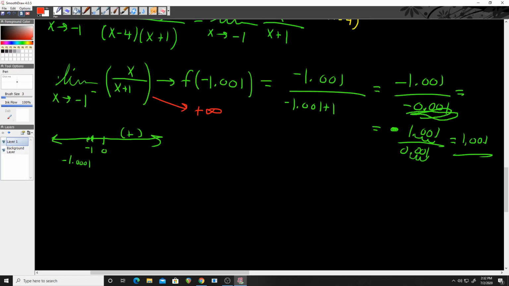Okay? Now, the right-hand limit, right? Let's pick a number very close to -1, but to the right. So, something here, something like -0.999, for example. Okay, so if I calculate f of -0.999, again, I'm plugging it into x over x plus 1.